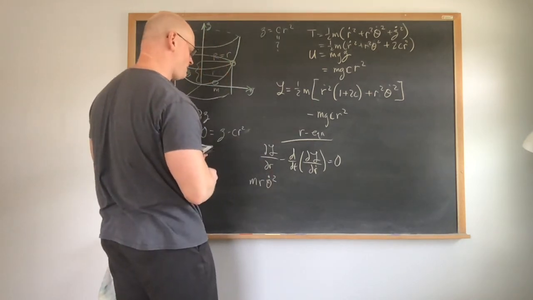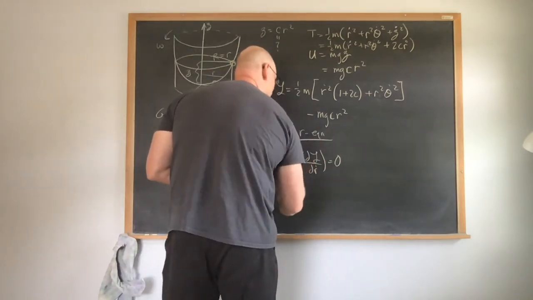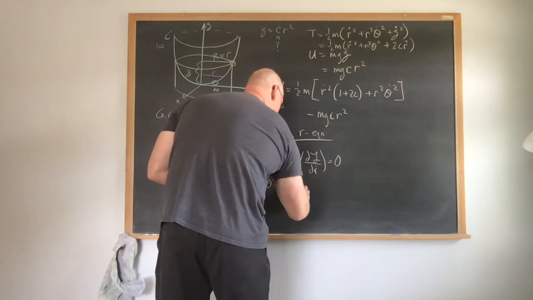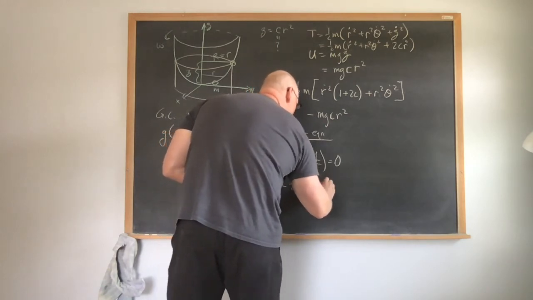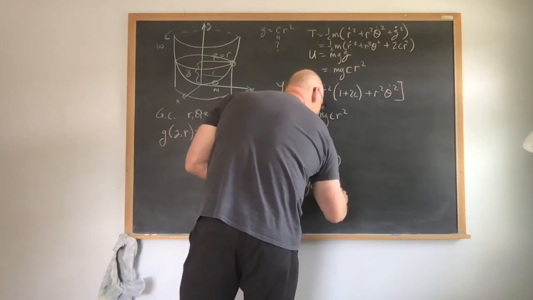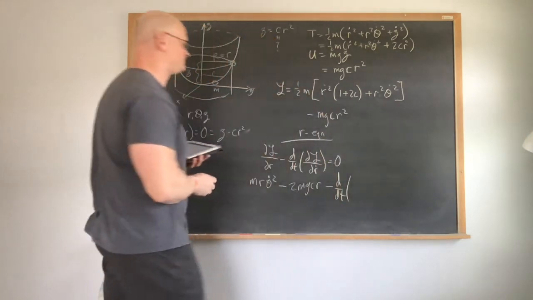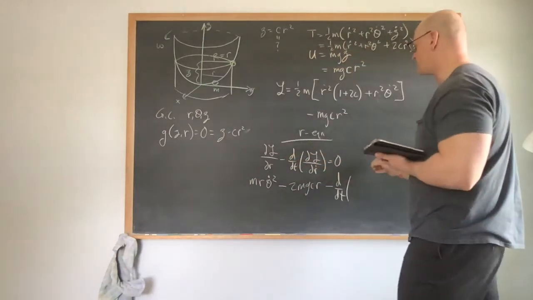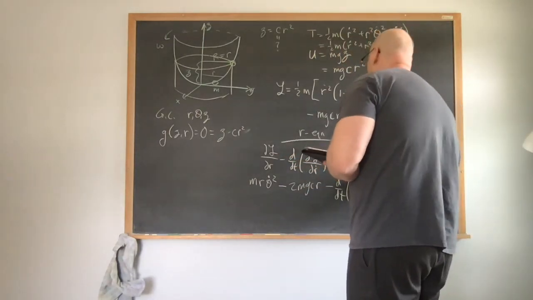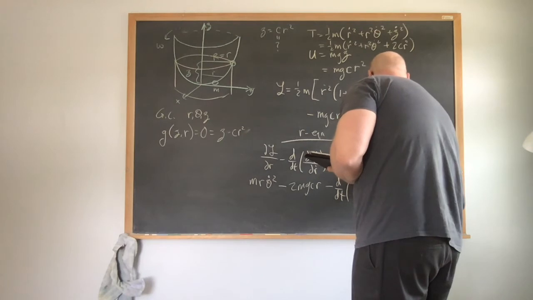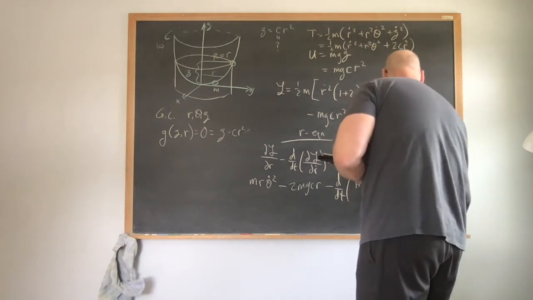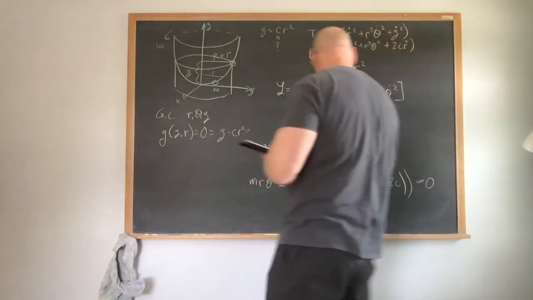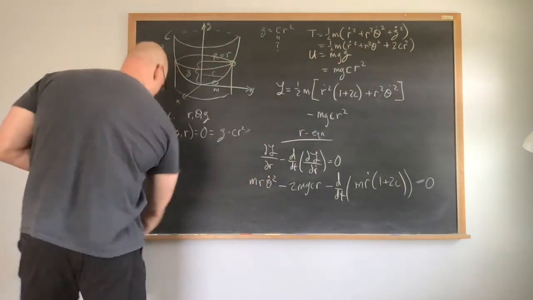That's that term, minus 2mg times c times r, minus then the time rate of change of, so now when I take the r dot, only one term depends on r dot, which is this term, so this is now going to give me m times r dot times 1 plus 2c. And all that's equal to 0. So this is our r equation.